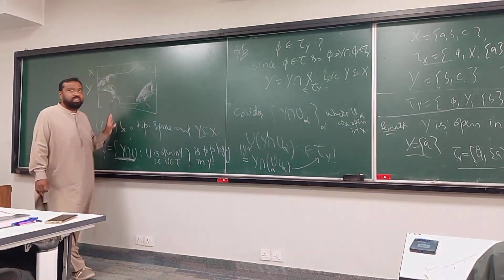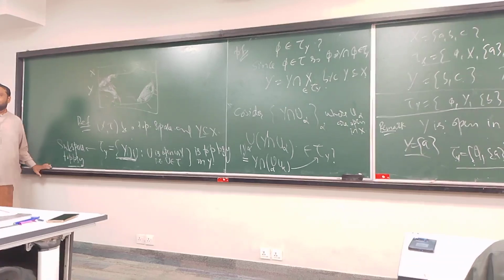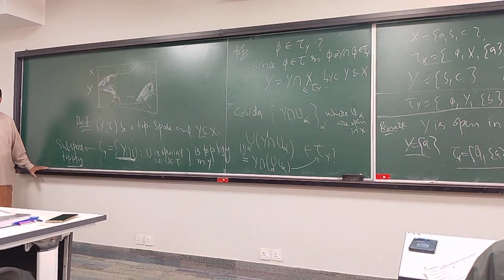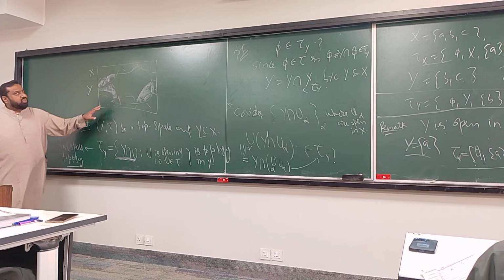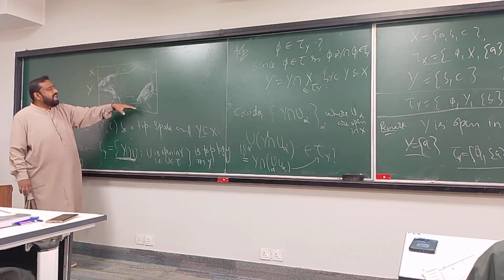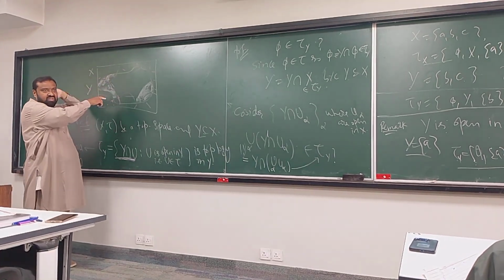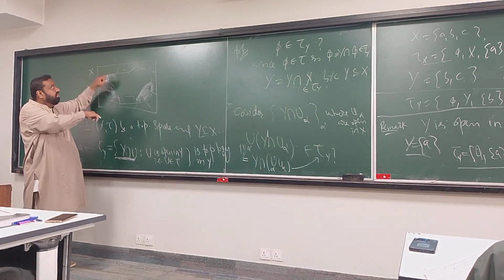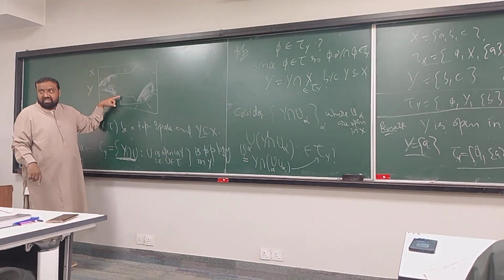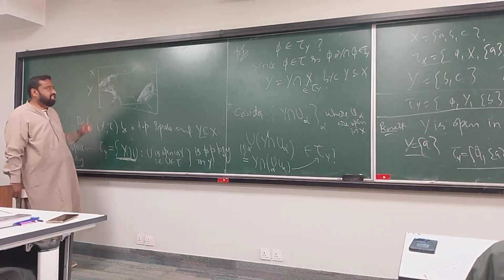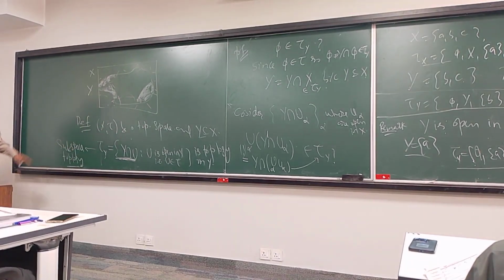So this is what the trouble with the picture is actually. Sometimes a picture tells you something that is not there. So we need to carefully draw the pictures. ठीक है? तो यहाँ पर you saw that I haven't split the entire x into the open sets. I have split it into parts. ठीक है? And I did the same with the y. X का तो खुद भी एक open set है.